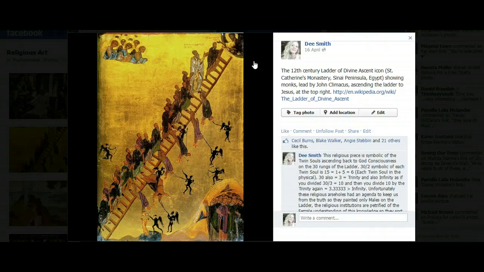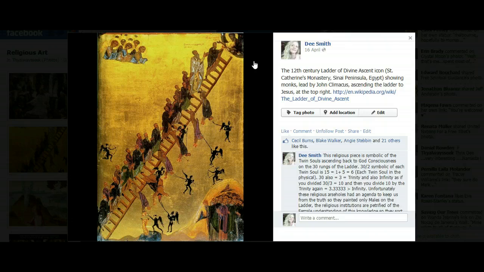The magician and the high priestess are the ethereal form of the male and female twin soul. The empress and the emperor are the physical attributes that each of these souls bring down with them to be manifest on the physical plane, that is Gaia.